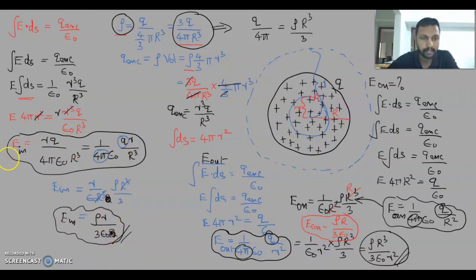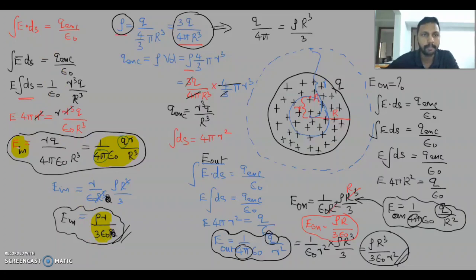Let us summarize. Electric field intensity inside the Gaussian surface has one formula of 1 by 4 pi epsilon 0 qr divided by R cube, where small r is the distance from center to inside point and capital R is the radius of this non-conducting solid sphere. The other formula is rho r divided by 3 epsilon 0.